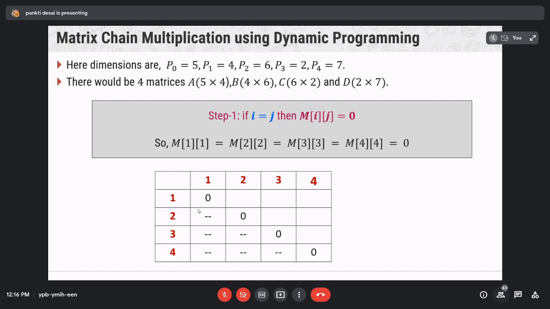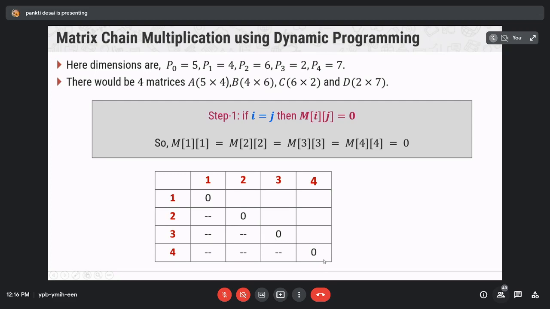Now in step 1, to create the matrix Mij: if the value of I is equal to J, then what would be the value of Mij? 0. So here M11, M22, M33 and M44 are 0.